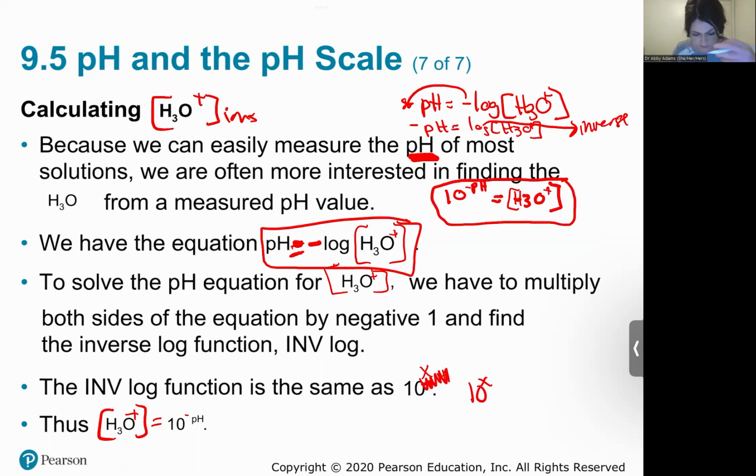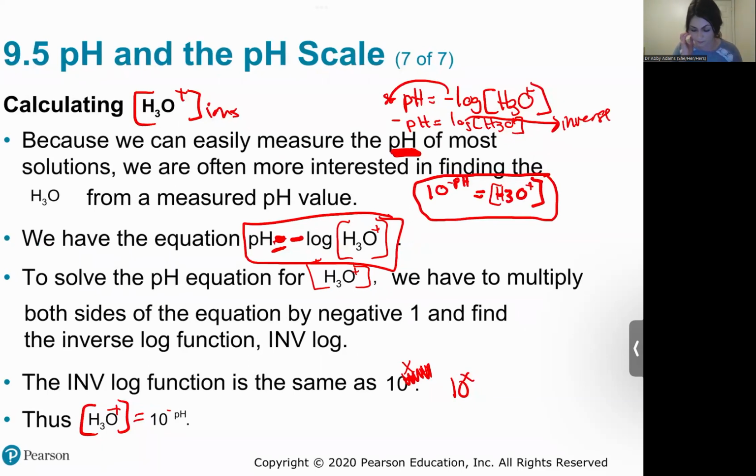Okay, so that's basically how you're going to enter this in on your calculator. So we talked about how to find pH from the concentration of hydronium ions. And now you know how to find the concentration of hydronium ions from pH.